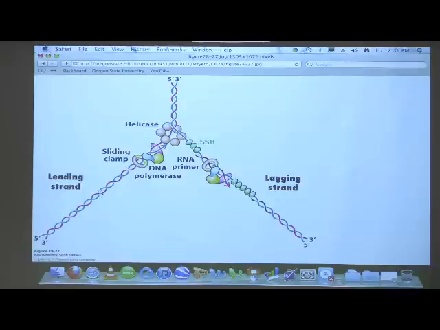DNA Polymerase I has proofreading activity. Okay? Some DNA polymerases do not have proofreading activity. And these DNA polymerases end up being very, very much more prone, that is 100 to 1,000-fold more prone, to making mutations than those that have a proofreading activity.